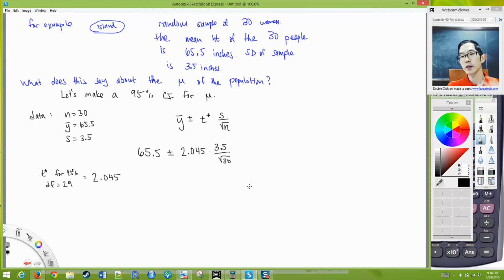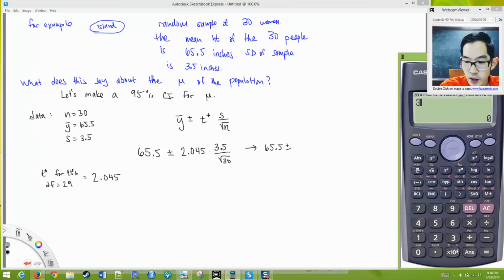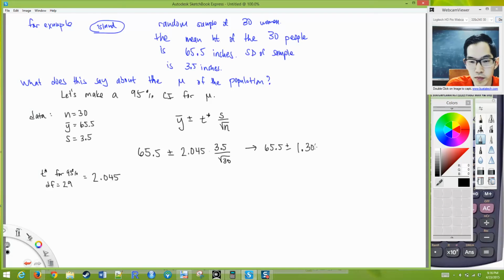So this becomes 65.5 plus or minus, and I'm going to just multiply all of this over here: 3.5 divided by the square root of 30, times 2.045, which is 1.306. I'm just going to round off to 1.3.